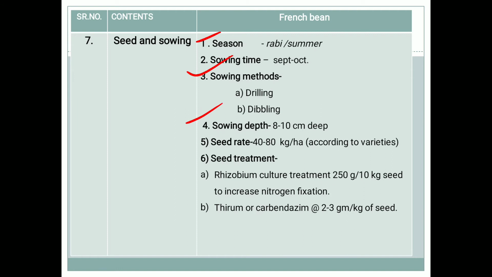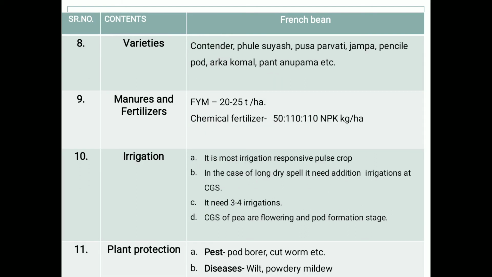Seed rate actually varies according to the varieties, 40 to 80 kg per hectare. Seed treatment: rhizobium culture treatment 250 gram per 10 kg seed to increase nitrogen fixation. Thiram or carbendazim at the rate of 2 to 3 gram per kg of seed. Okay, this is all about the seed and sowing of French bean.